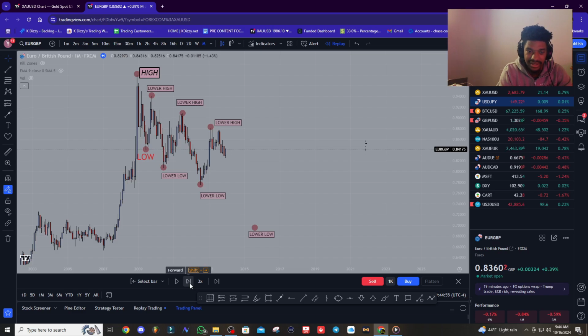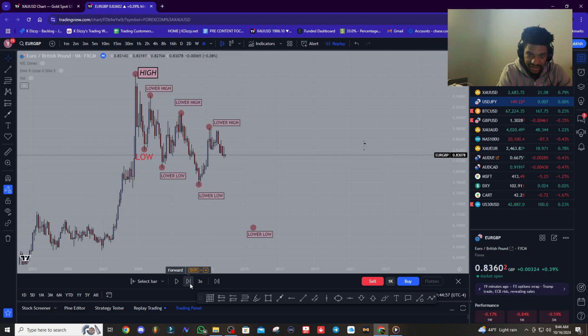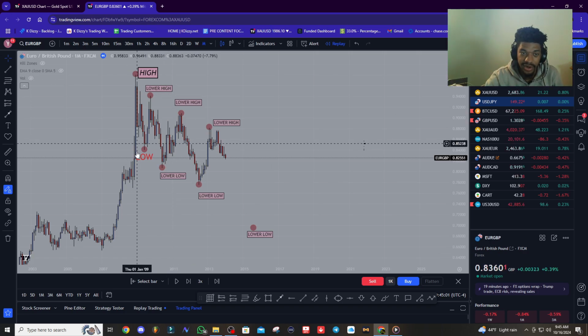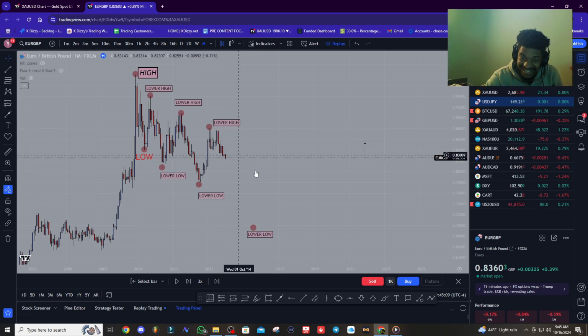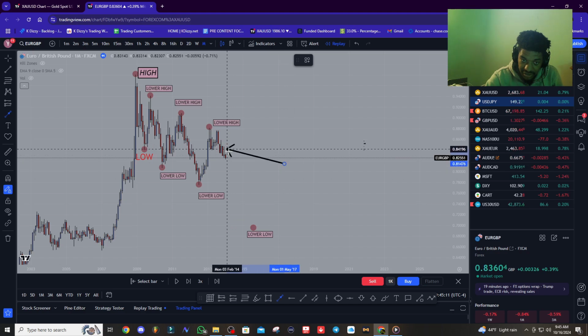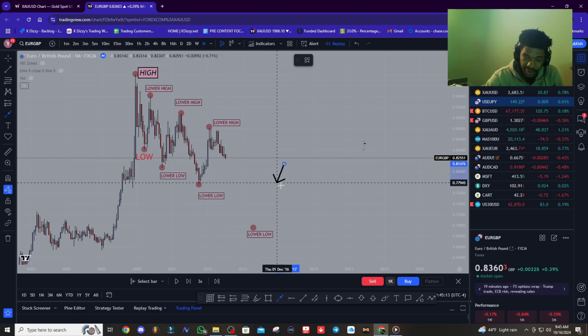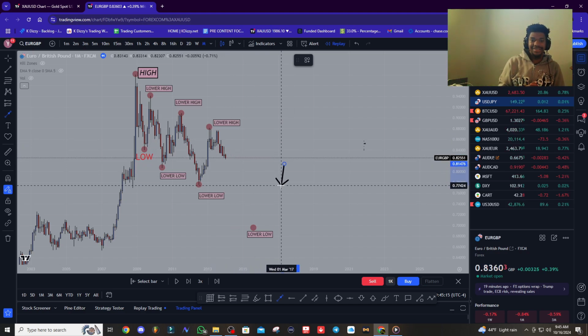But if you saw it like this, let's just put it right here, and you had this marked out: high, low, lower high, lower low, lower high, lower low, lower high. Say you mark that out and you see this much, your bias will be, oh, it's on its way to a lower low, because you have market structure.